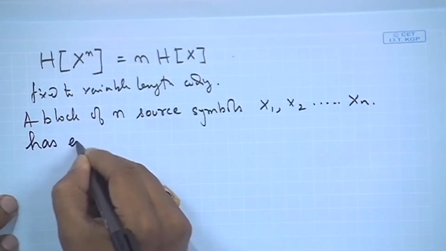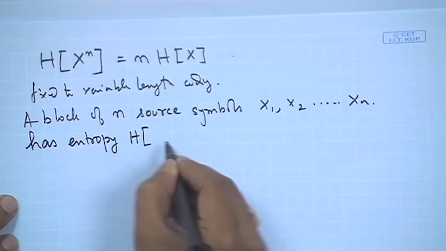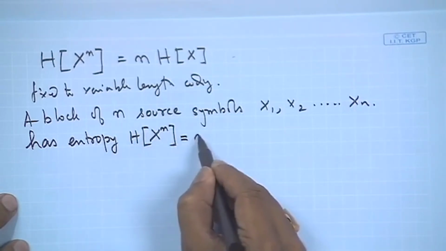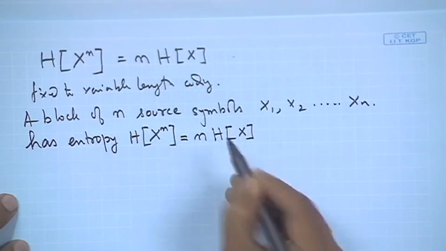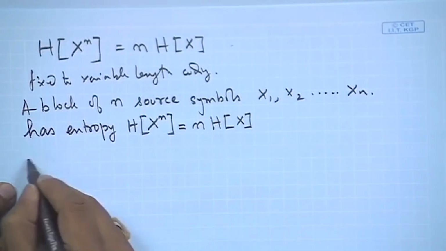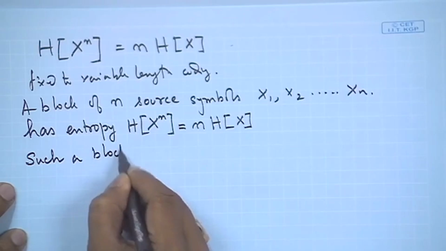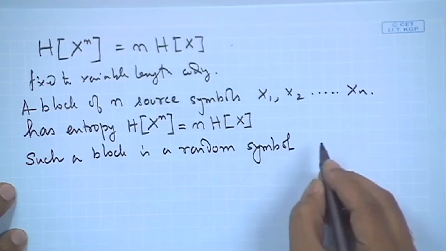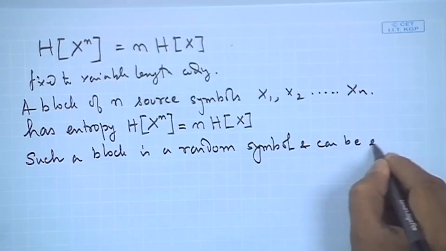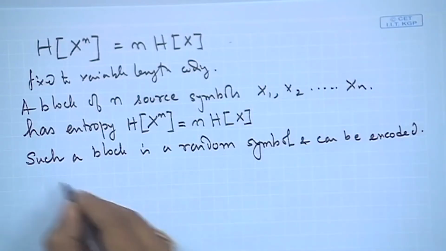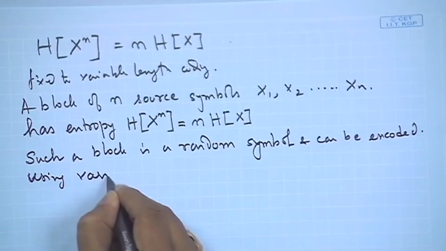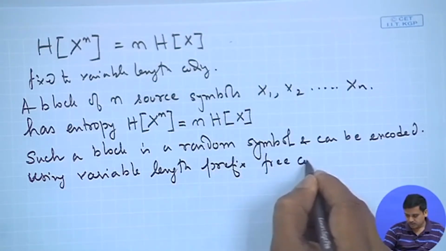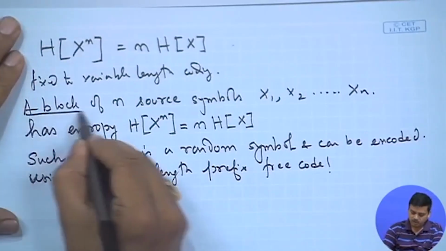We say that this has entropy H of X^n, and since we have seen that H of X^n is equal to n times H of X, we can say that such a block is a random symbol and can be encoded using a variable length, prefix free code.